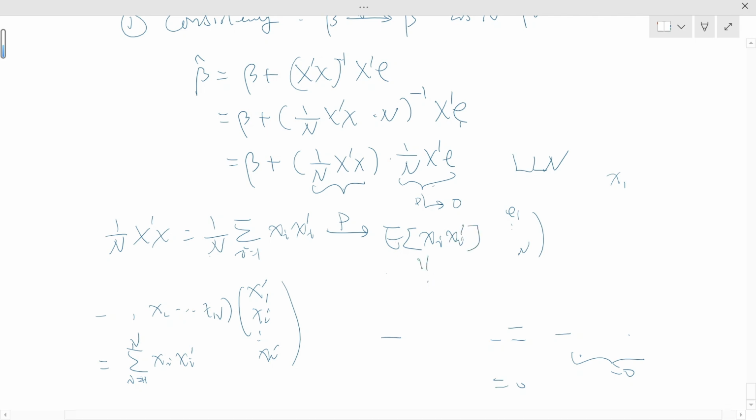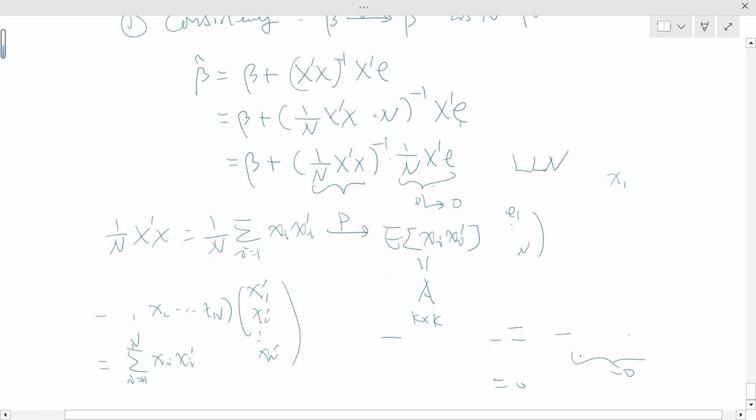Let's call this A. We need A, this k by k matrix, to be invertible, or in other words, of full rank if you know more about linear algebra. So we can invert it.